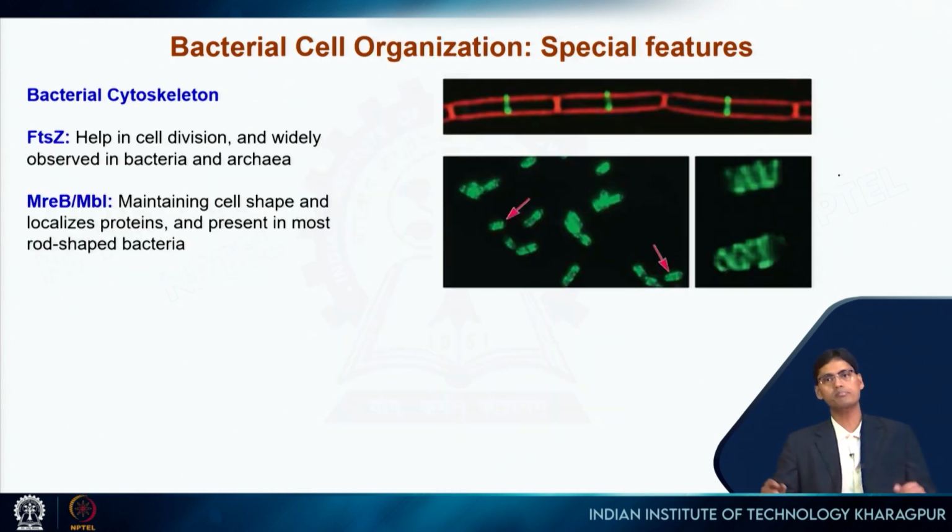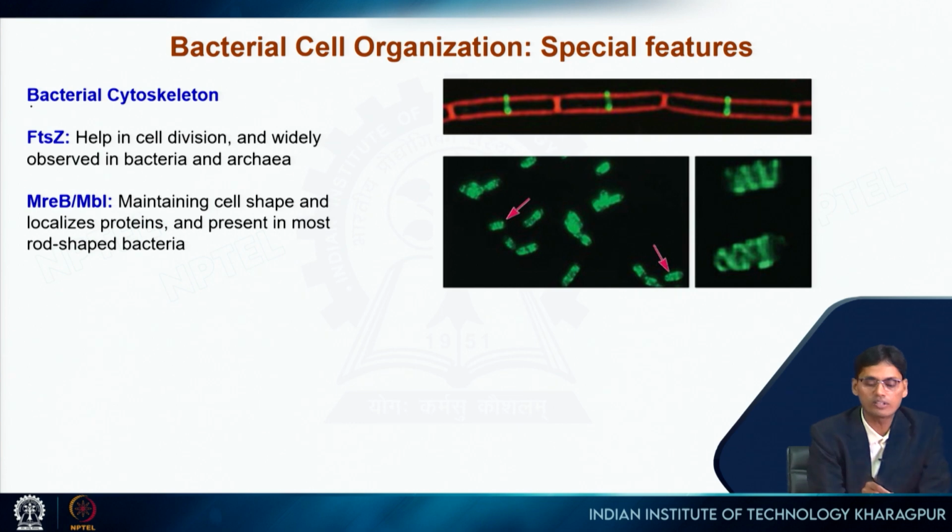That is all. Now, I am going to discuss some special features of bacteria. We know the cytoskeleton is present in eukaryotic cells, for example microtubule, actin and intermediate filament, but current research has revealed that bacteria also have some cytoskeletal material, as you can see, this one, FtsZ.